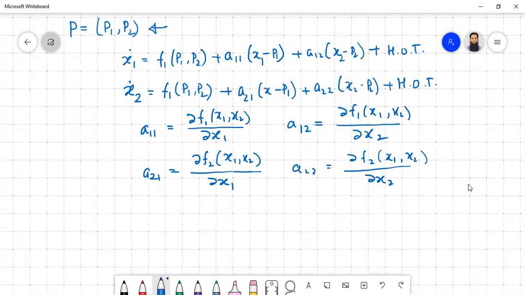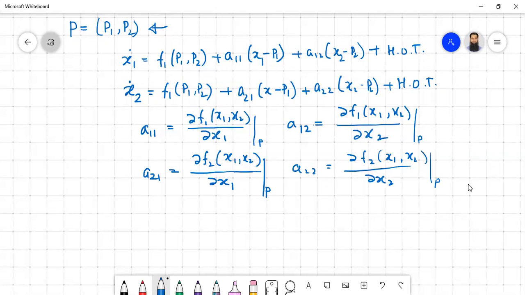We also have to be careful that all these partial derivatives have to be evaluated at that point P, because we are interested in the magnitude at that point.